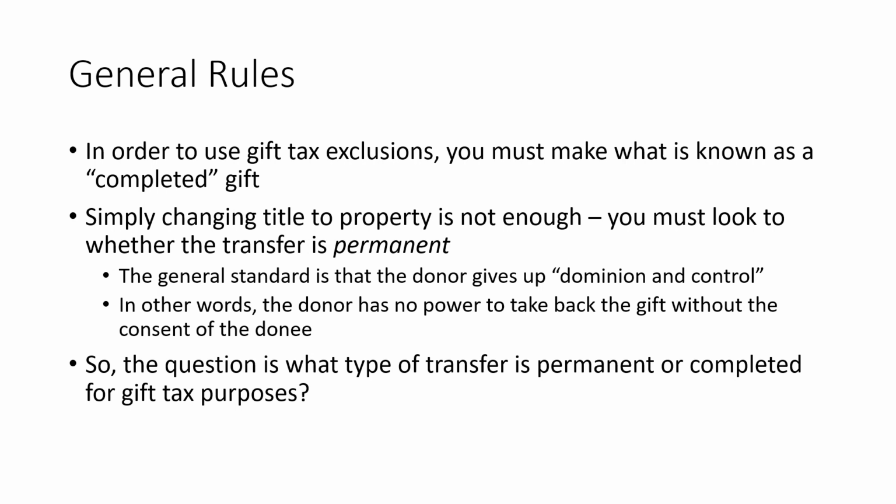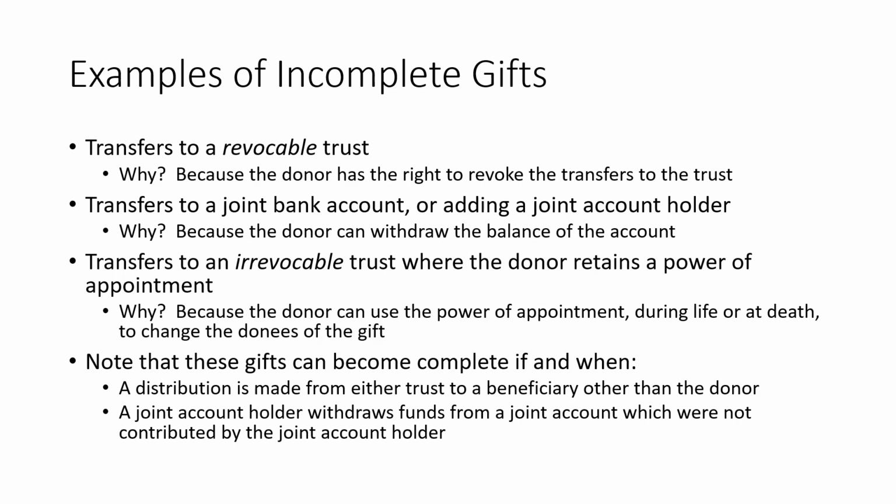Now that's a legal term, that's the standard under tax law, but a better way to state this is to say that you have to look to whether the donor has any power to take back the gift without the consent of the donee. If yes, the gift is not complete. If no, if the donor cannot take the property back without the donee saying yes or no, then you do have a completed gift. So, the question is what type of transfer is permanent or complete for gift tax purposes.